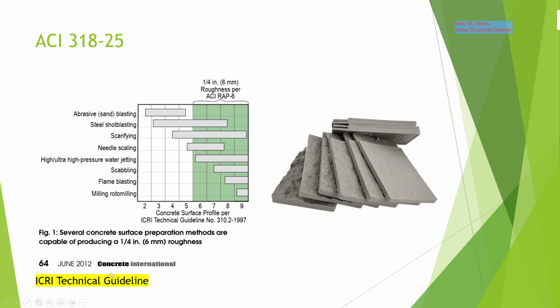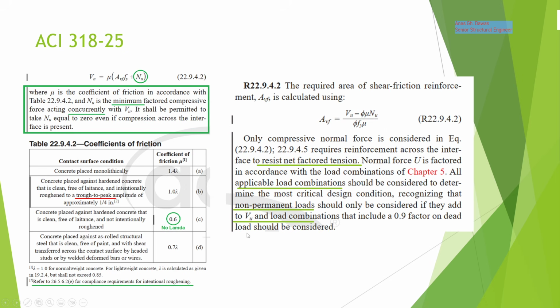If you would like to read about that, you can go for this reference, the ACI technical guideline. And also in ACI 318-25 now, the code added this term to the shear friction equation.